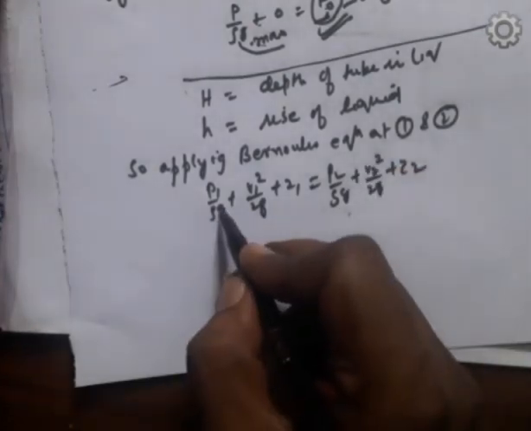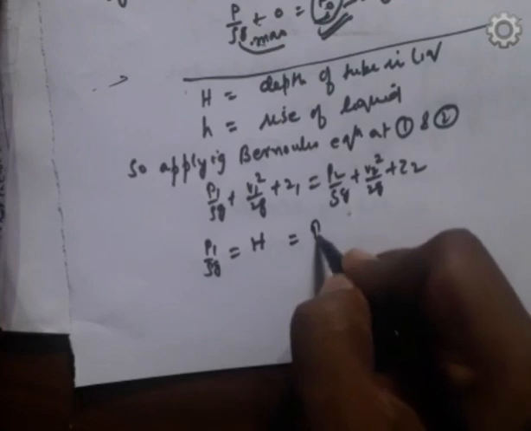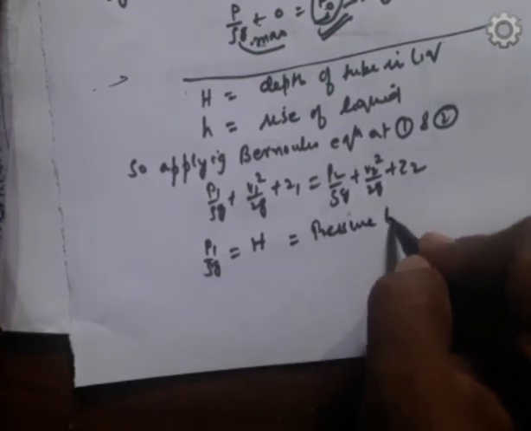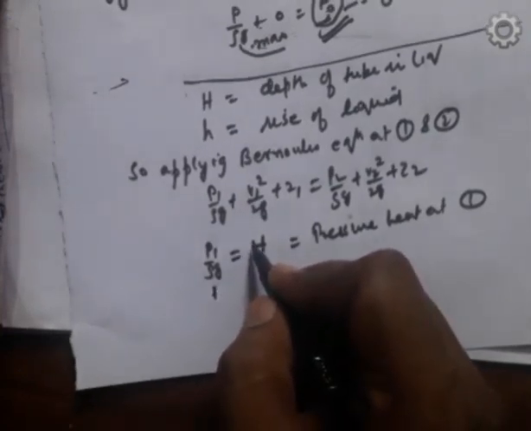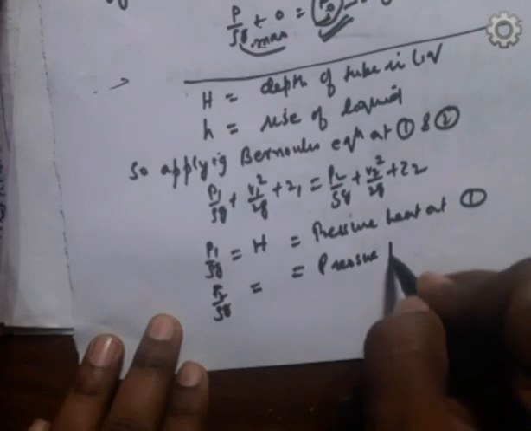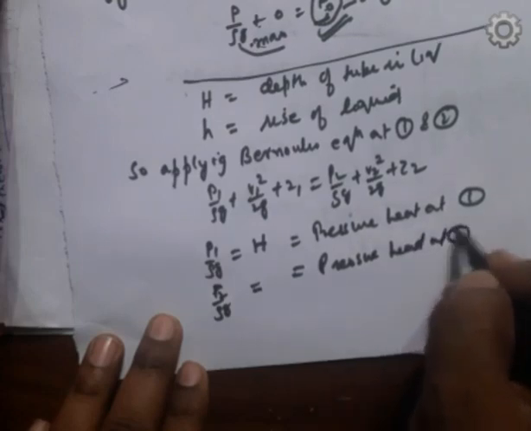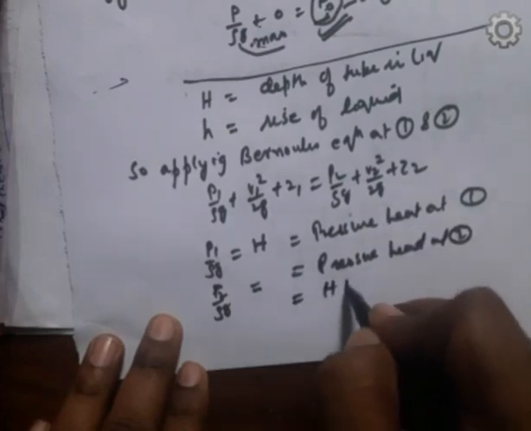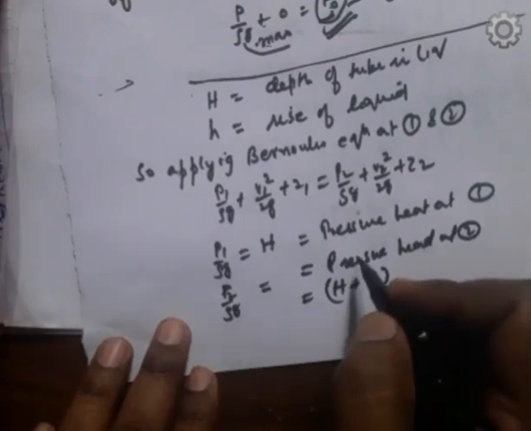P1 by rho g is the pressure head at 1, which is equal to h. P2 by rho g is the pressure head at 2, and it is equal to h plus H.